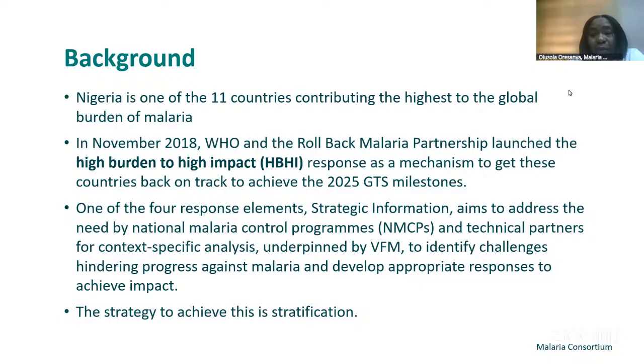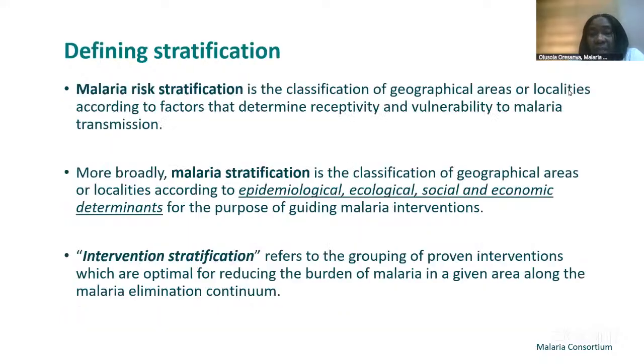So I'm going to be talking about stratification and how Nigeria went ahead to take on that strategy and used it in the process for developing a malaria risk map for the country and also for intervention targeting. So what is stratification?